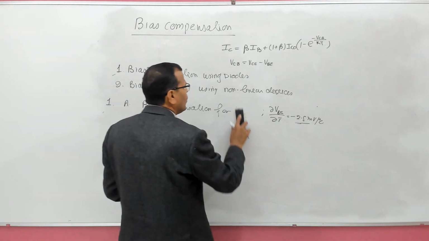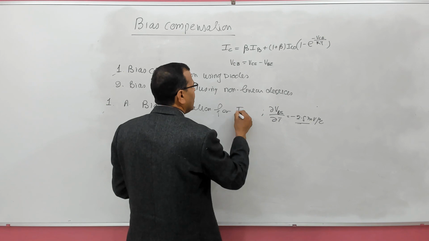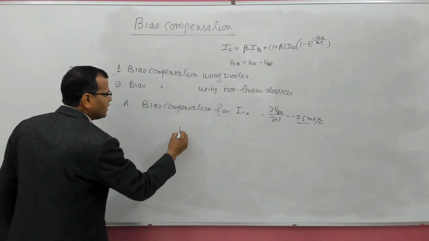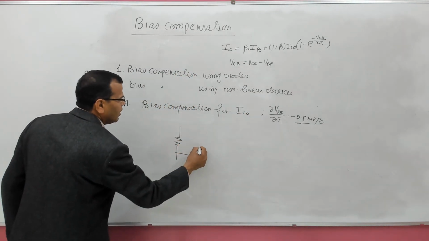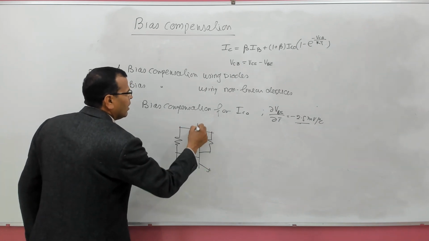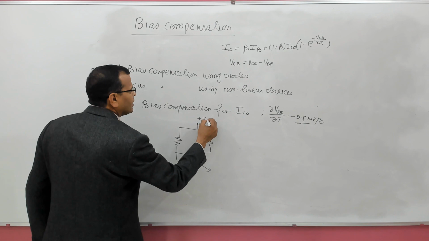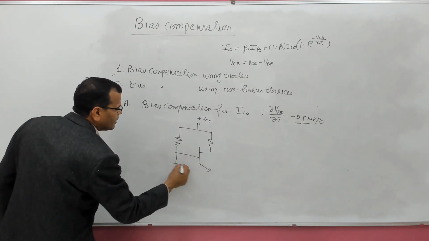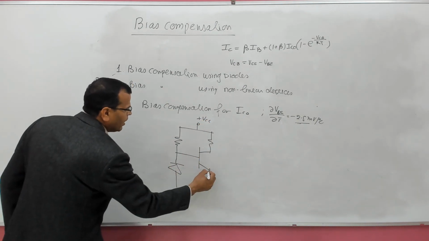Then I'll talk about the bias compensation for IC naught. The circuit remains similar to this. In bias compensation for IC naught, we connect a diode in the base circuit in reverse bias mode like this.